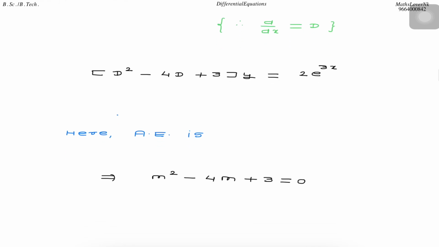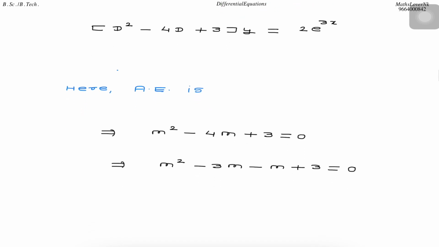By splitting the middle term, we get m squared minus 3m minus m plus 3 is equal to 0. Taking m common, m(m minus 3), and taking minus 1 common, minus 1 (m minus 3) is equal to 0.